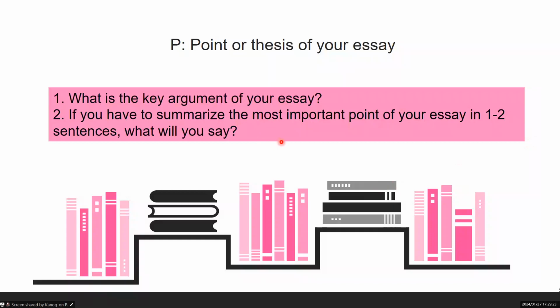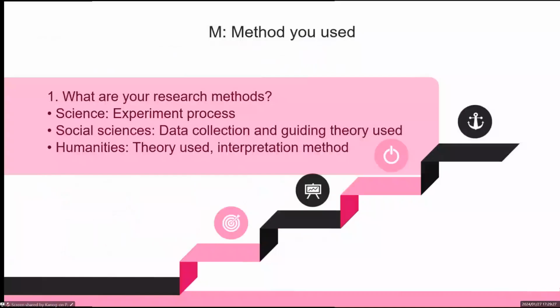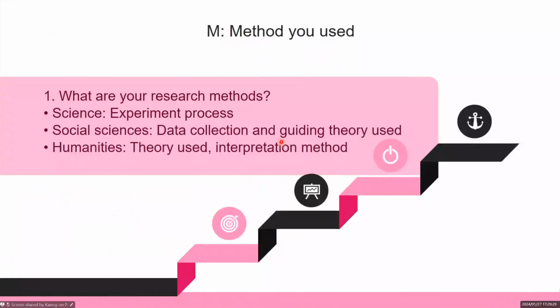Okay, next part M, right? Method you use. Okay, in this one we'll be talking about methodology, how you collect data, right? Who your samples are, or if you are using another kind of experiment, you just need to tell what kind of method you use, right?